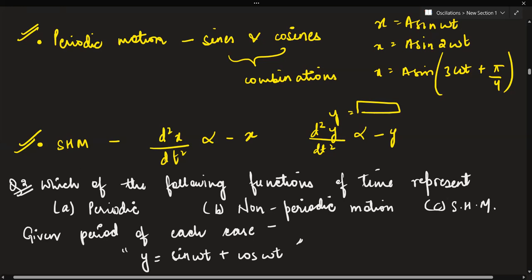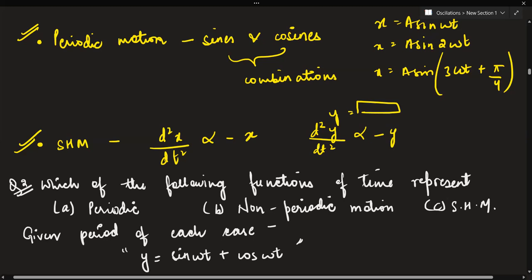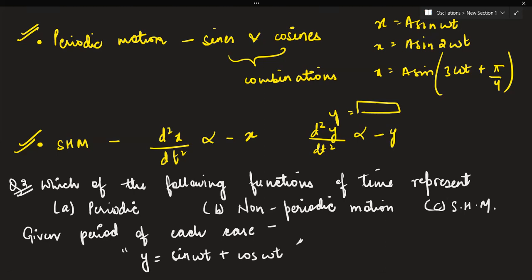Now regarding non-periodic motion: if the conditions I have written are not being satisfied, the motion is automatically non-periodic, a non-SHM motion. So all sines and cosines and their combinations are periodic. Second point, you can check whether a particular motion is SHM by taking the double differentiation.